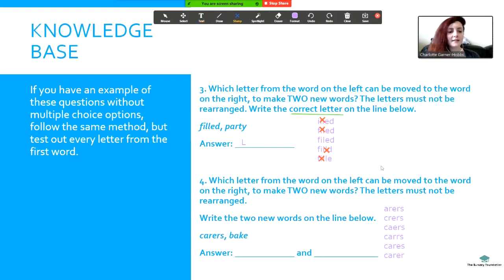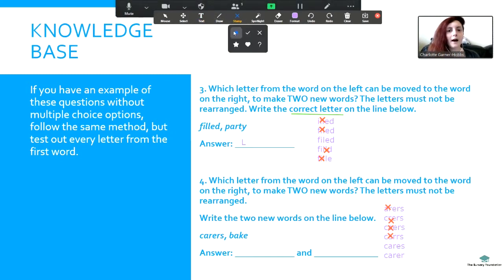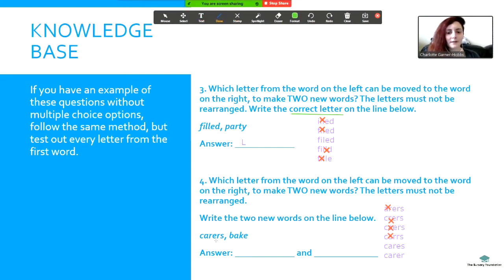So again, getting rid of all of the options that we can't use, I'm left with either getting rid of the R or getting rid of the S. So looking at this one then, I might say to myself, well, if I put an R or an S into this word at the end here, what are my possibilities?